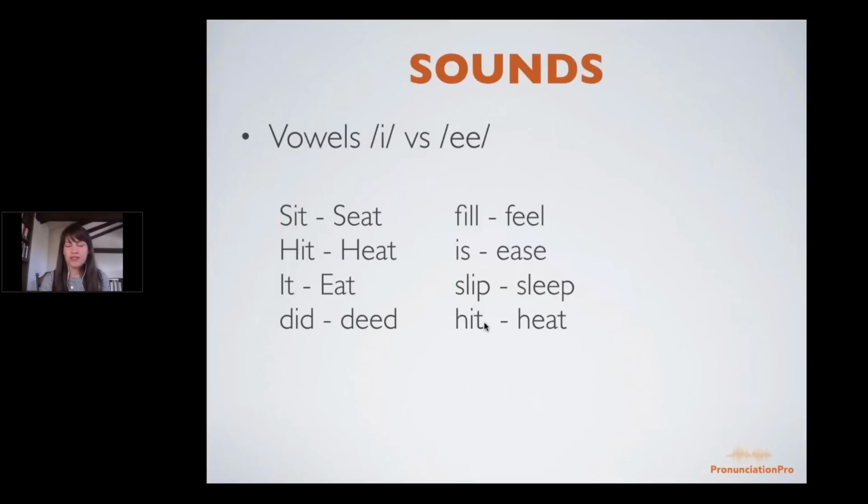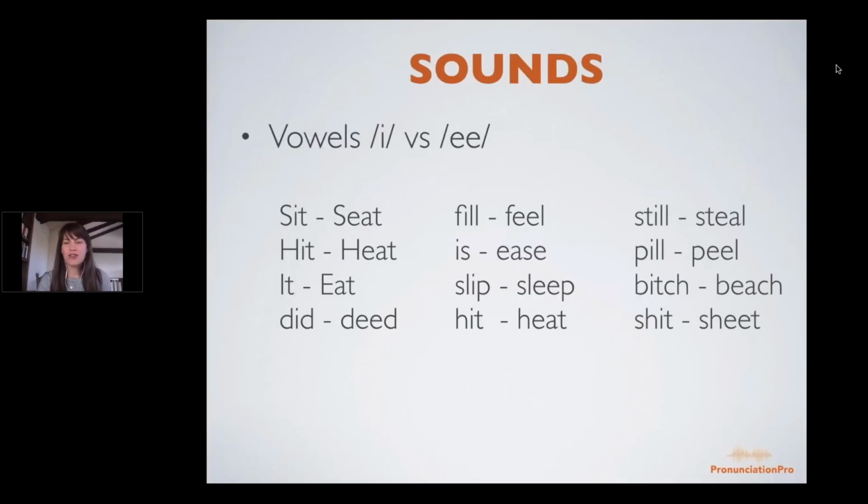I heard the first one. Hit. Sorry. Yes. Hit. Okay, good. Now contrast. Hit. Heat. Good.